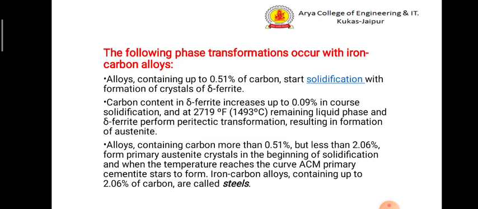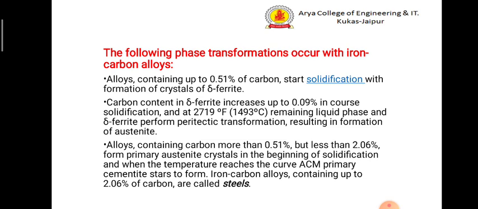Next, carbon content in delta ferrite increases up to 0.9% during solidification, and at 2719 degrees Fahrenheit the remaining liquid phase and delta ferrite perform peritectic transformation, resulting in the formation of austenite.